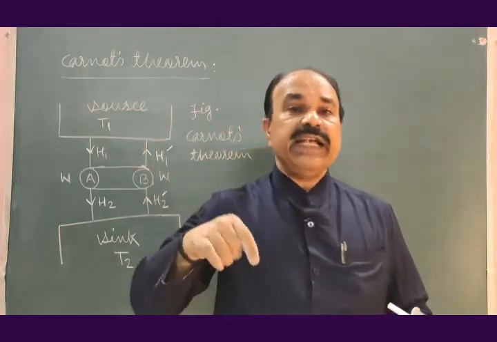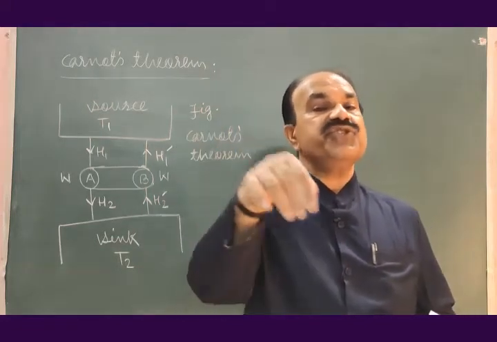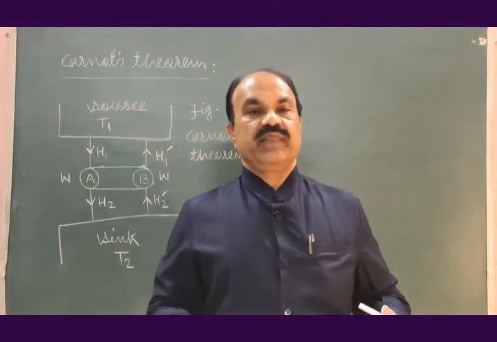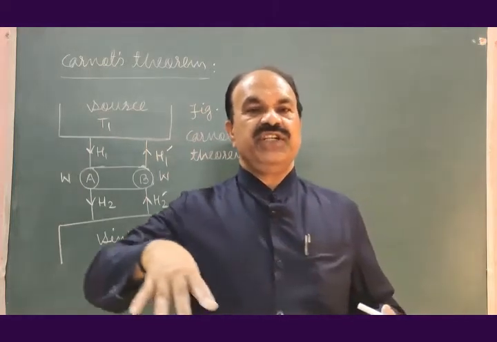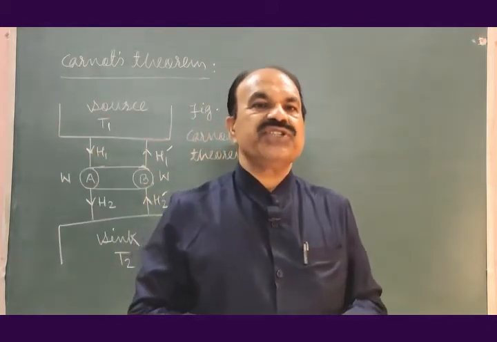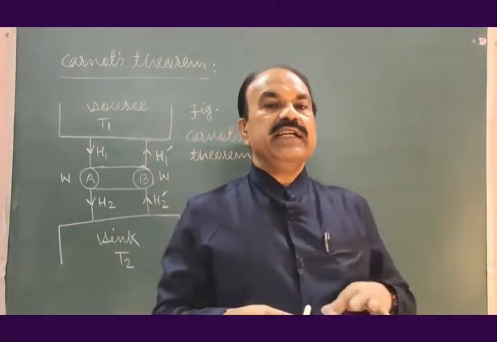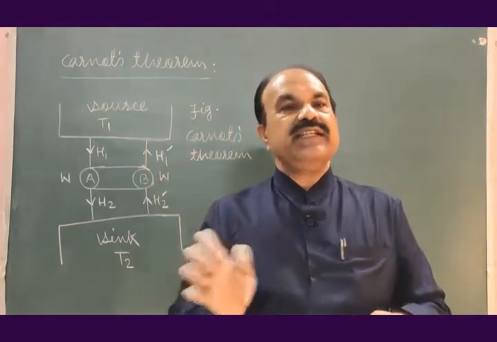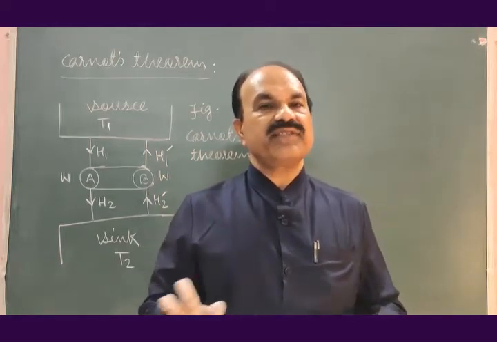It will be independent of what type of working substance is used in the first engine or the second engine, because we have seen that efficiency is not decided by the type of working substance.